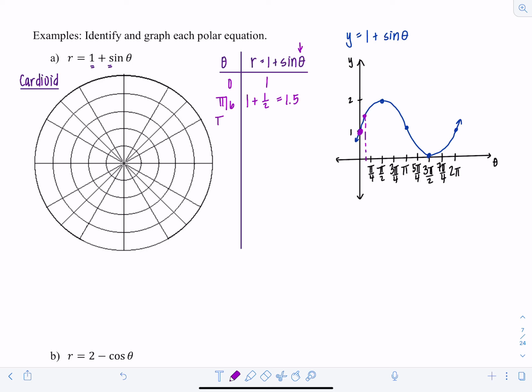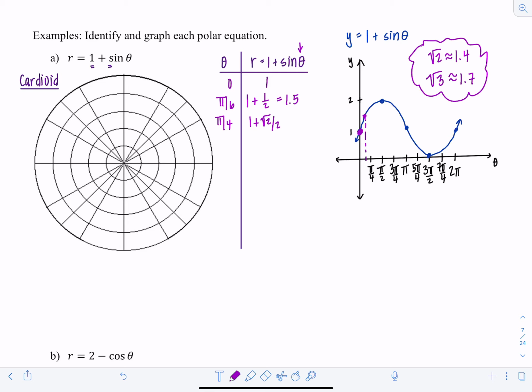Pi over 4, that's going to be 1 plus rad 2 over 2. Okay, if you haven't memorized this yet, it will be very helpful. Rad 2 is approximately 1.4, and rad 3 is approximately 1.7. Okay, both of those come up so much in your math career, it's just worth memorizing. So if I'm plugging in pi over 4, right, rad 2 over 2, that's going to be 1.4 divided by 2.